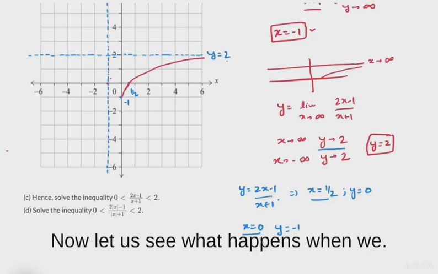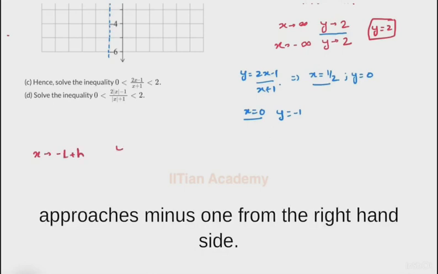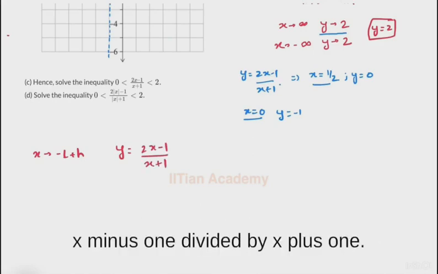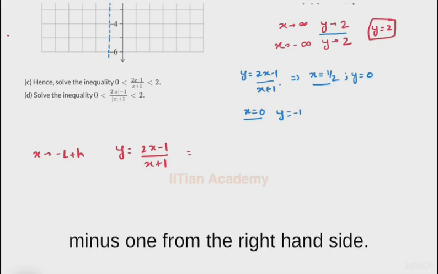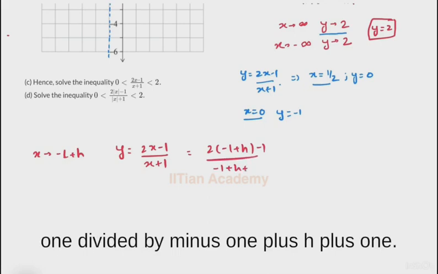Now let us see what happens when x approaches minus 1 from the right hand side. So we have the graph y equals (2x minus 1) divided by (x plus 1). Now in this, x is tending towards minus 1 from the right hand side. So we put x as minus 1 plus h: (2(-1 plus h) minus 1) divided by (-1 plus h plus 1).